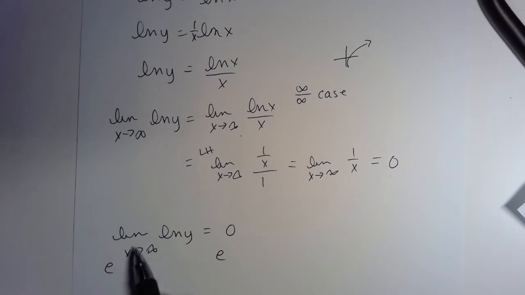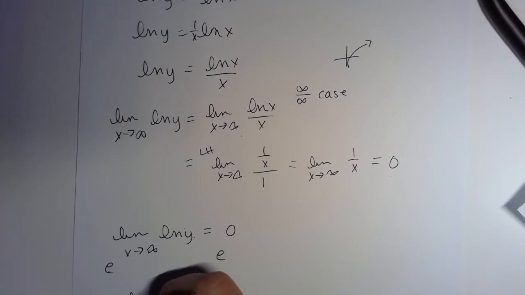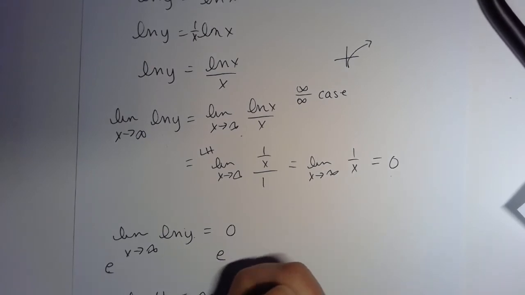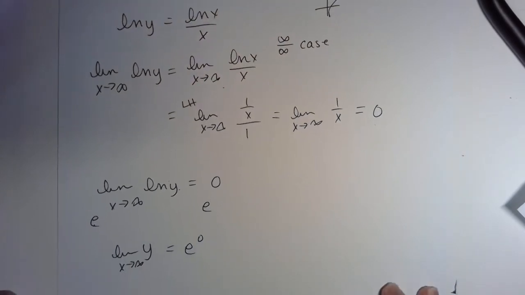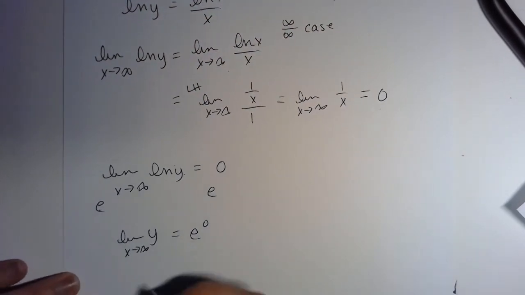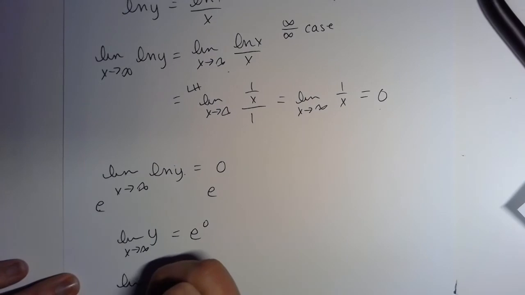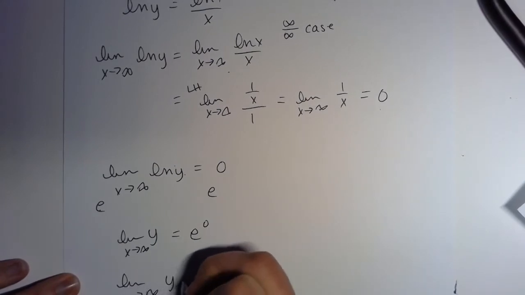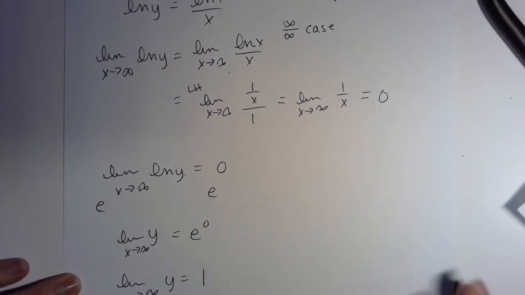When I take e to the natural log of y, it gives me my y back. So I have the limit as x approaches infinity of y is equal to e to the 0 power, which is 1.